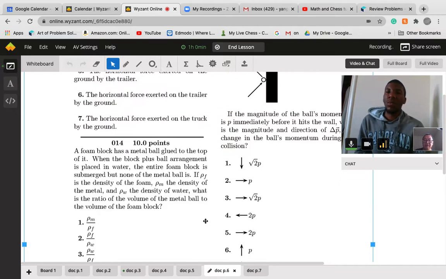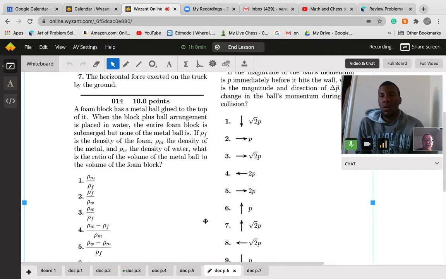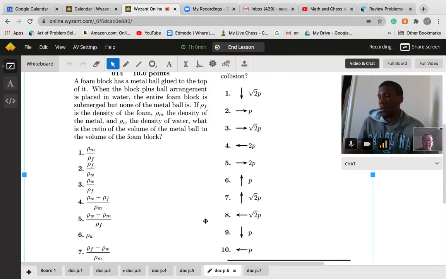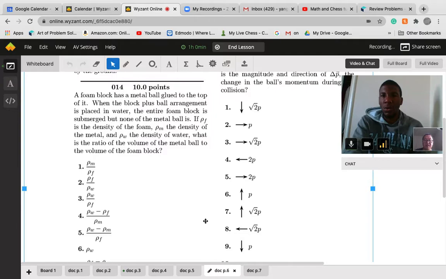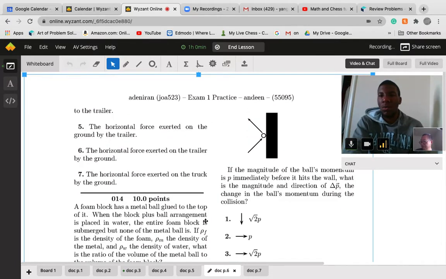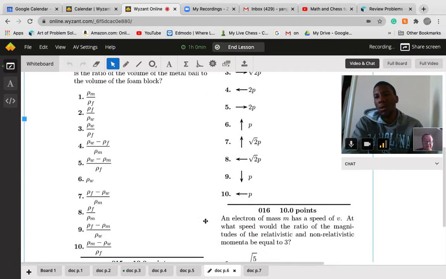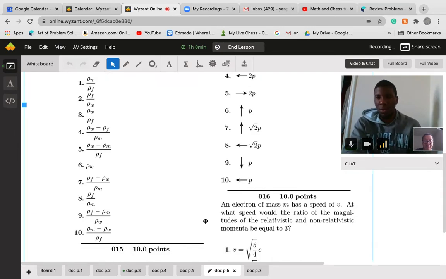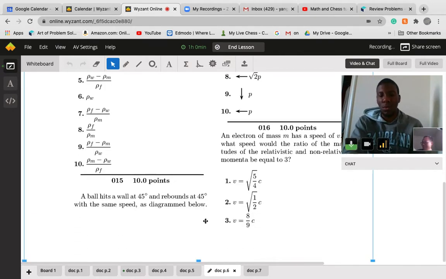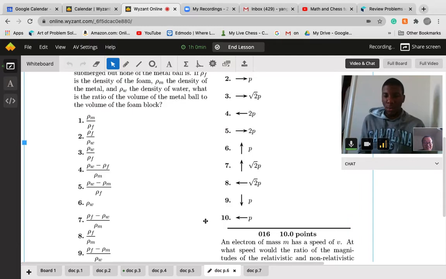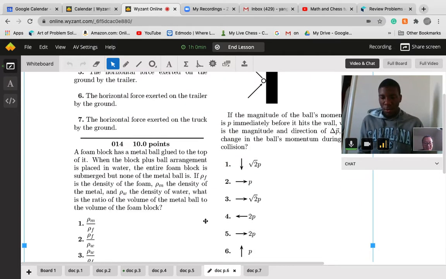If that's not, you can try 7. You can check if 7 is correct. For 15? For 15. No, it's not. I get, this one should be right.